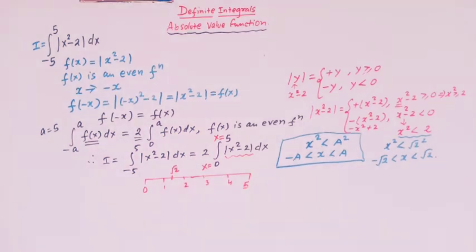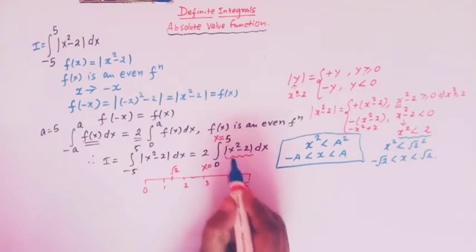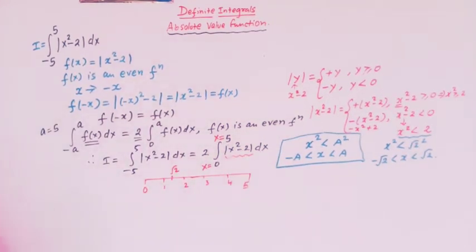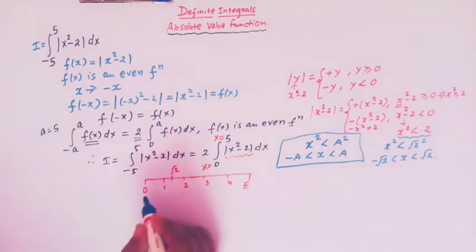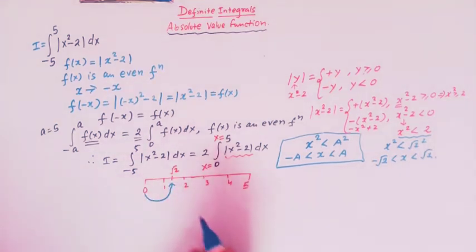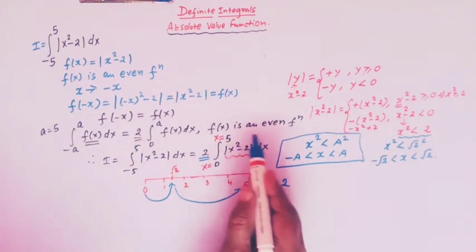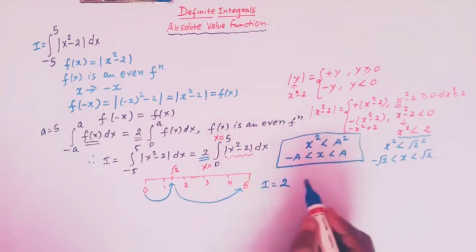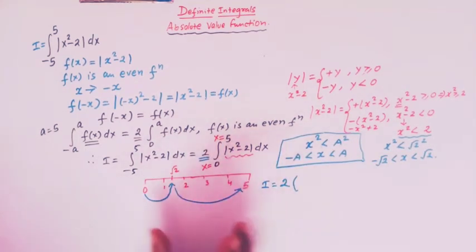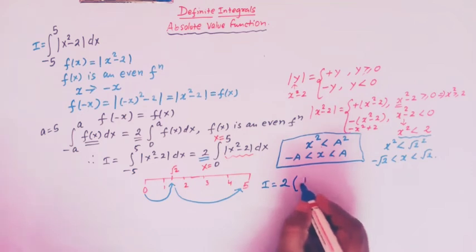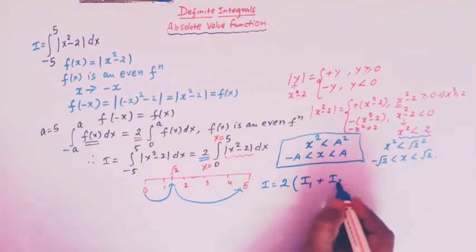Okay, so now we have to split this integral as a sum of two integrals. One is from 0 to root 2 and the other is from root 2 to 5, right? So I is now equal to 2 times, here we have 2, and this integral can be split into two integrals I1 and I2.